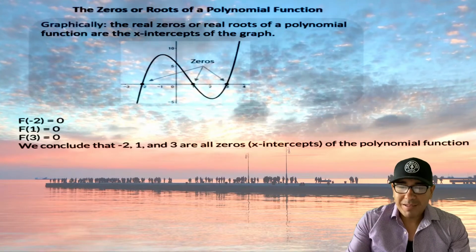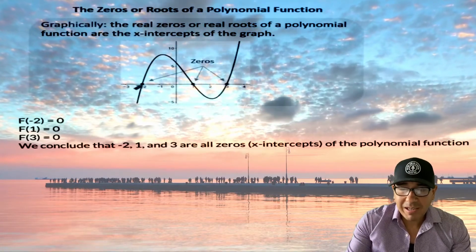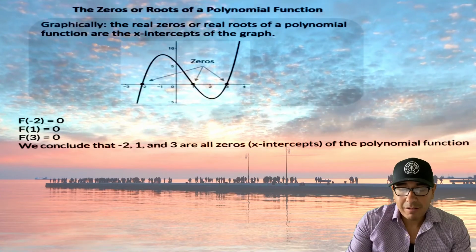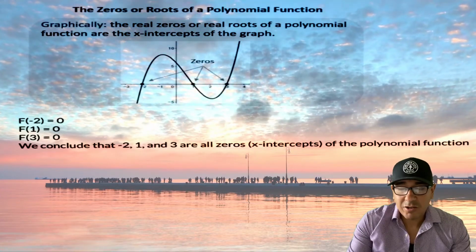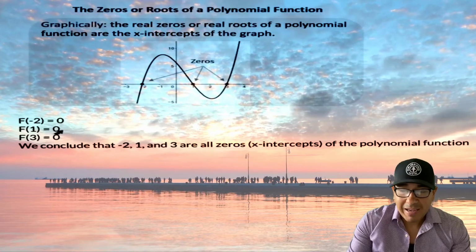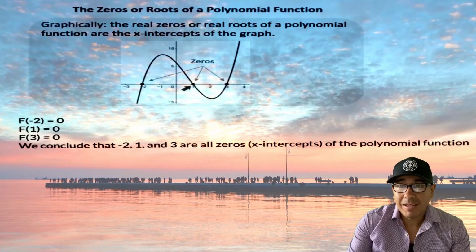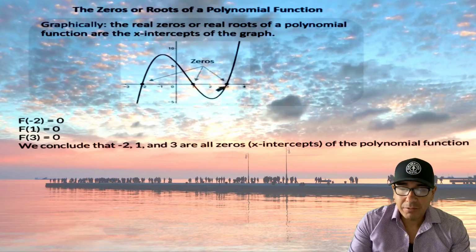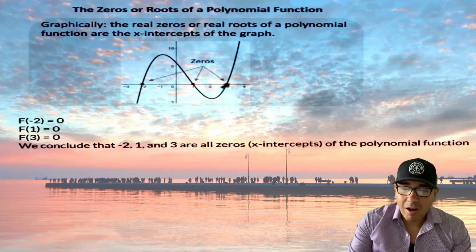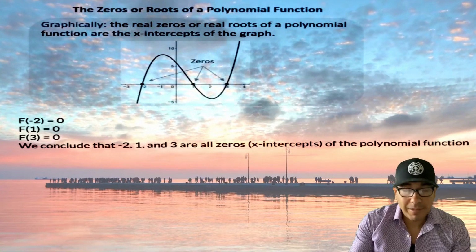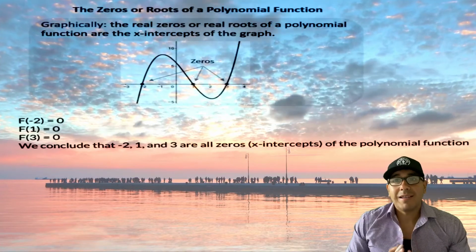So if I have this function and I plug in -2, this is an x-intercept because the output is 0. When I plug in 1, I get an output of 0, meaning this is also an x-intercept, a zero. And when I plug in 3, I also get a 0 because my output is 0. So what is that going to tell us?